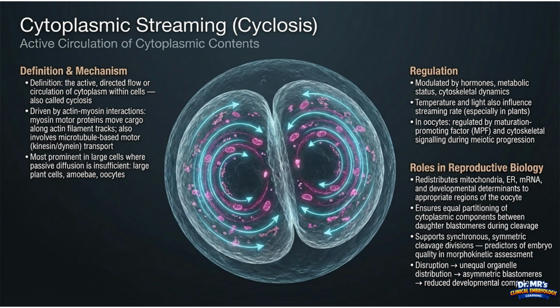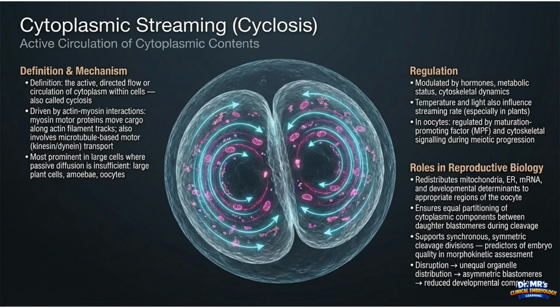In a small bacterial cell, diffusion is perfectly adequate, but in an oocyte 120 micrometers across, or in the enormous cells of certain plant species, diffusion is simply too slow. Evolution's solution is cytoplasmic streaming, also called cyclosis, the active, directed flow of cytoplasmic contents along the inside of the cell.